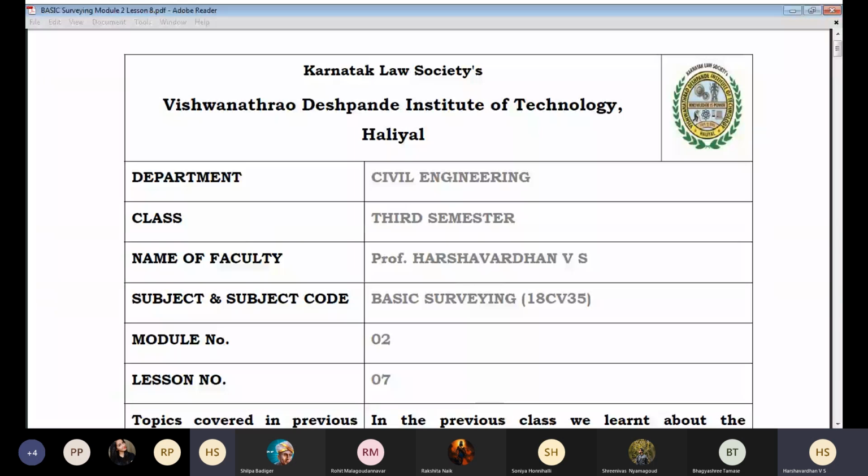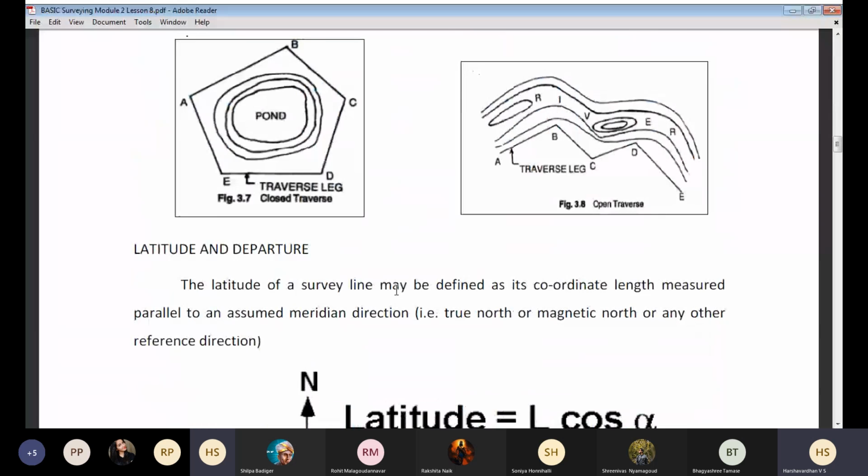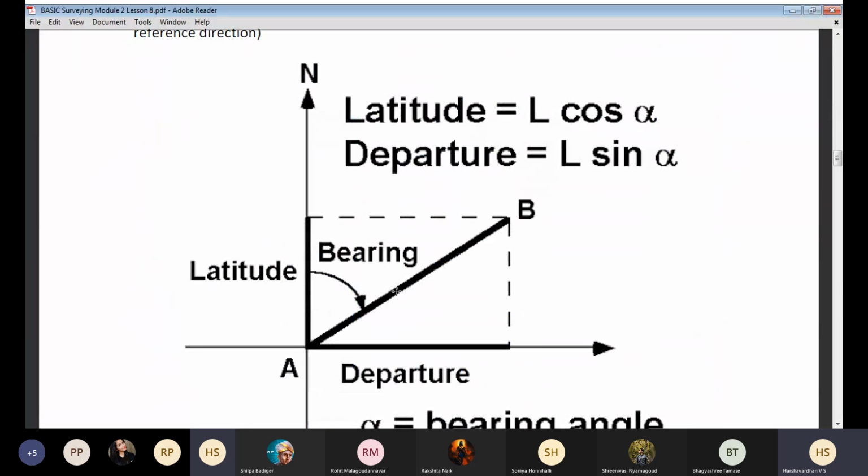If you remember from the previous class, latitude and departure. Latitude is the projection of the surveying line along north or south axis, and departure is the projection of surveying line along east or west axis.